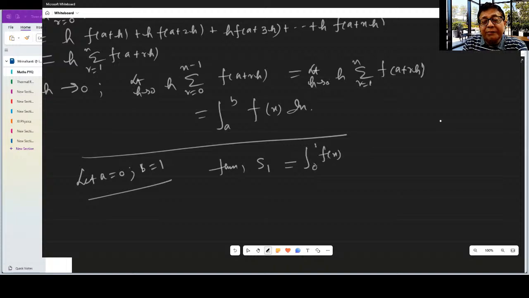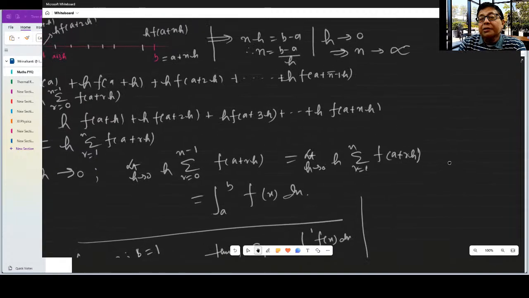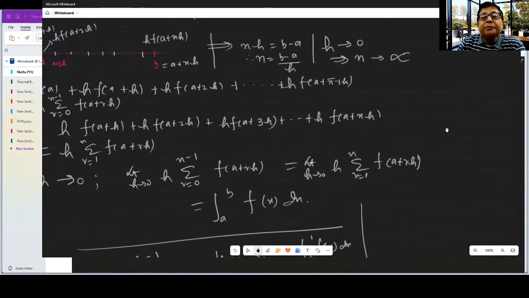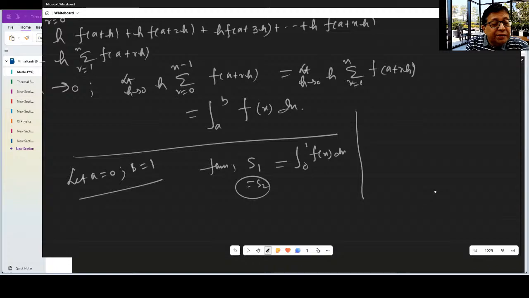Integral 0 to 1 f(x) dx. S1 or S2, same thing. That will be integral 0 to 1 f(x) dx. And under this observation, what is the value of n? n is 1 minus 0 by h.